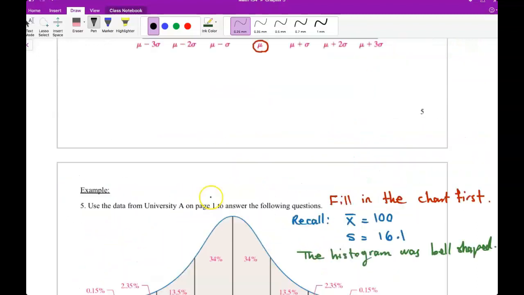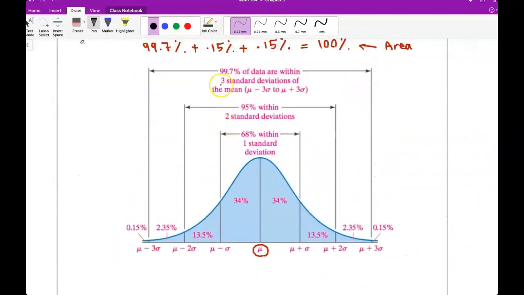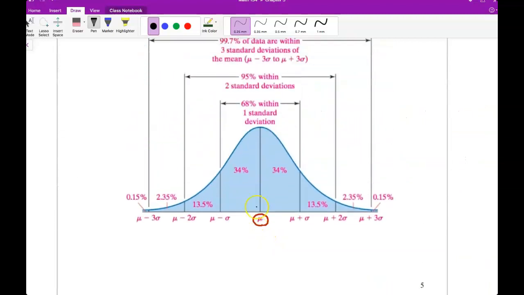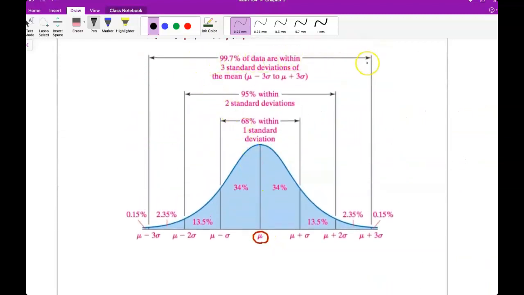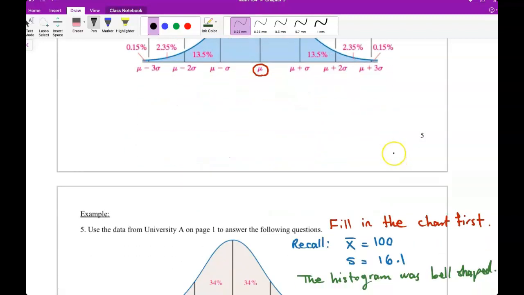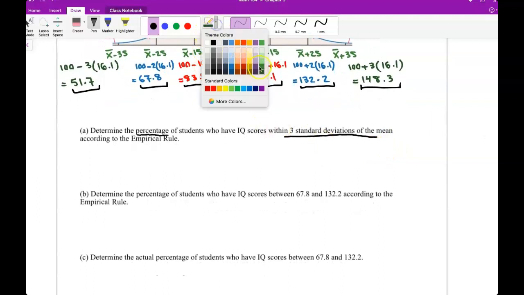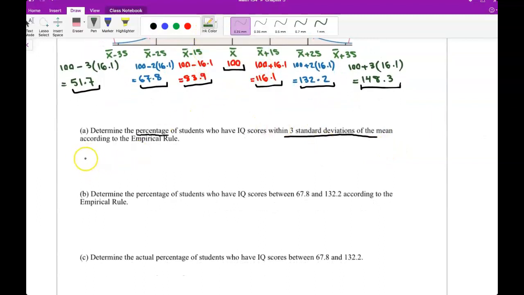It's always equal to 99.7%. So regardless of what your data are, the answer is always 99.7% within 3 standard deviations of the mean. The answer for part A is 99.7%.